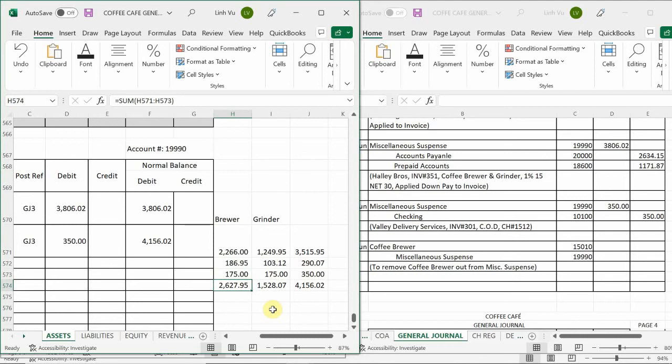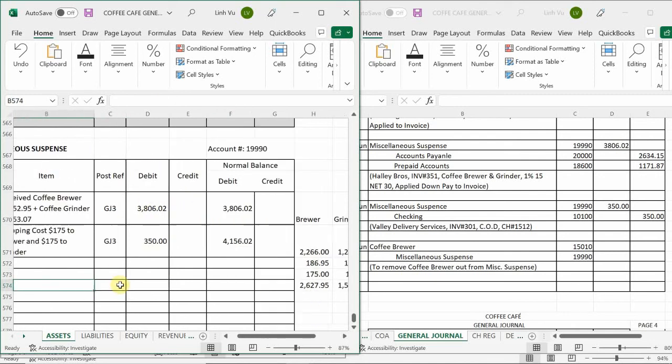So right there is how much I am going to be taking out. Okay? I'm going to be taking out $2,627.95. Okay? Because that includes every single thing. That includes the taxes and the shipping cost.